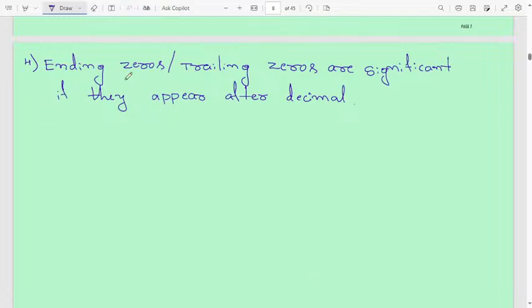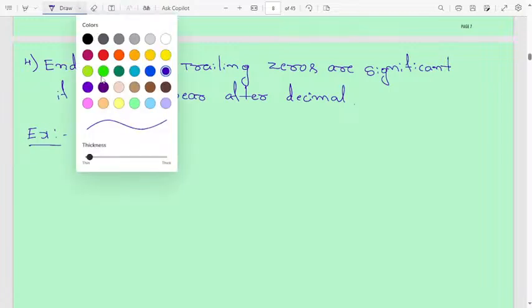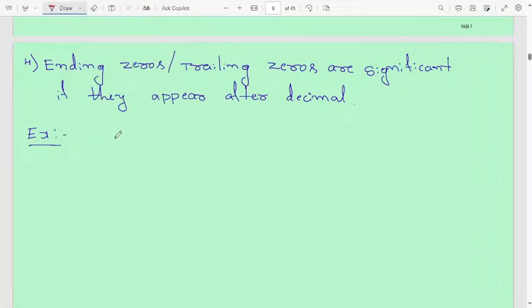Next, ending zeros: trailing zeros are significant if they appear after the decimal. I will consider these examples here: 2.00. Next one, 3.120.